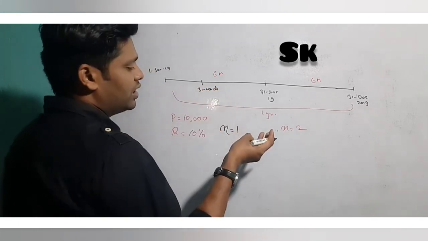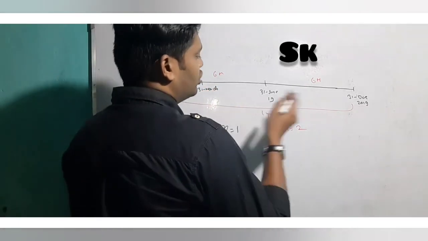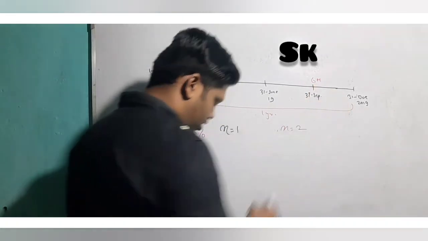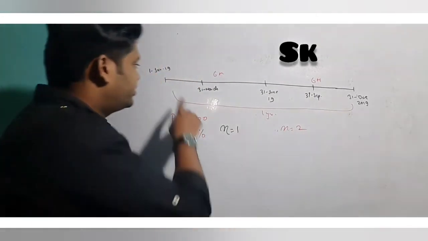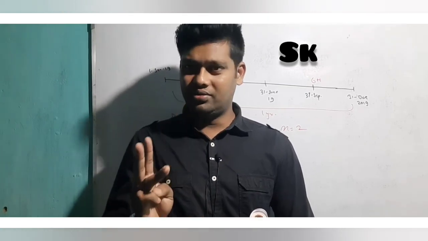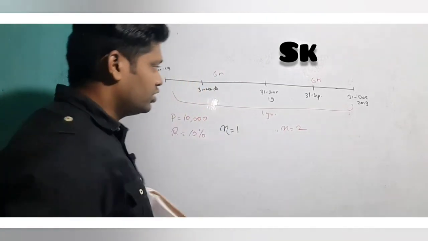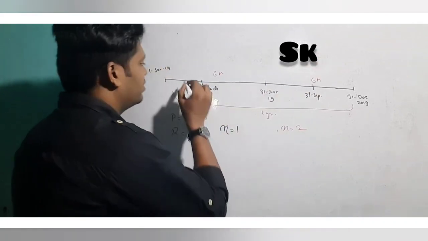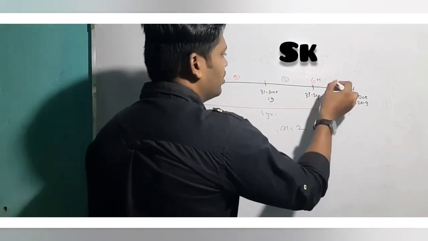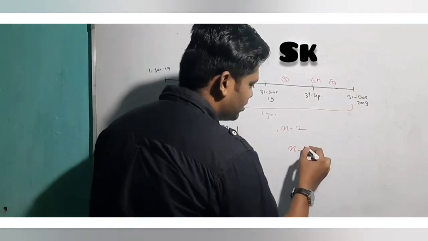Then April, May, June, and so on. Quarterly means 3 months. Now, how many times will it come in a year? 1 time, 2 times, 3 times, 4 times. So n is equal to how much?